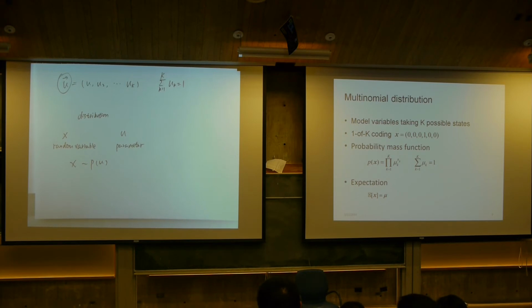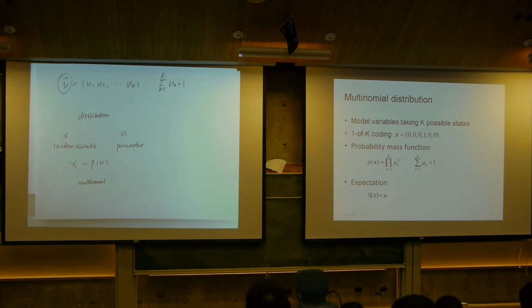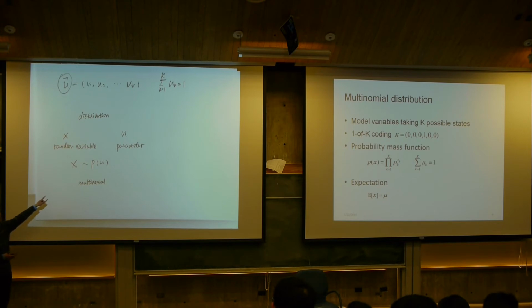For example, if the distribution is multinomial, sometimes we say multinomial variable, which means x, the random variable this multinomial distribution describes.